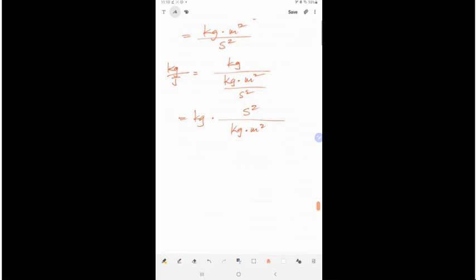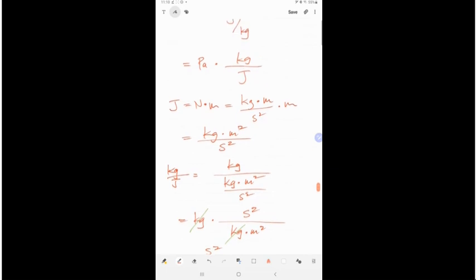The 2 kilograms cancel here, one in the numerator, one in the denominator, and as you can see, we end up with seconds squared divided by meters squared.